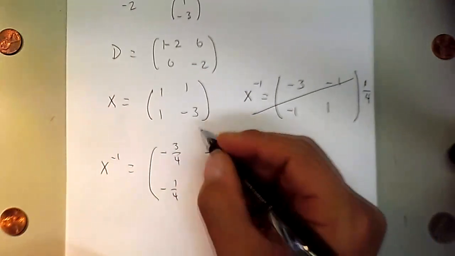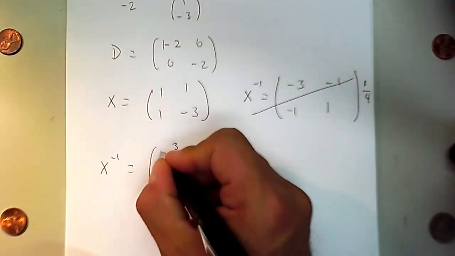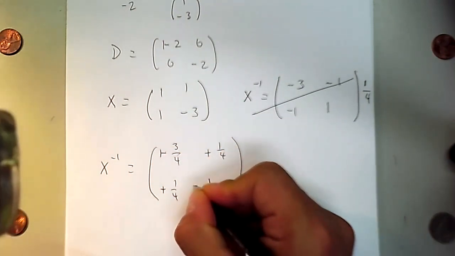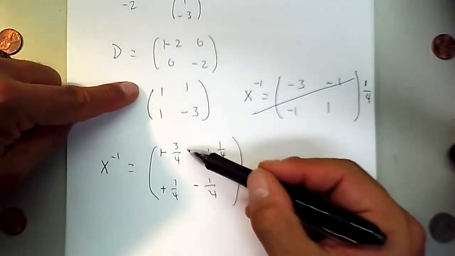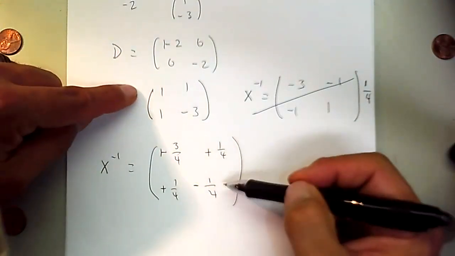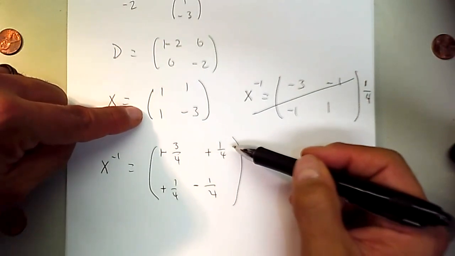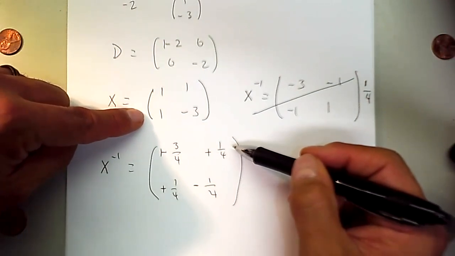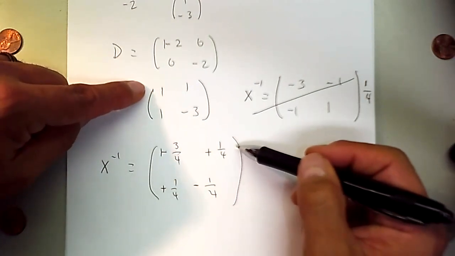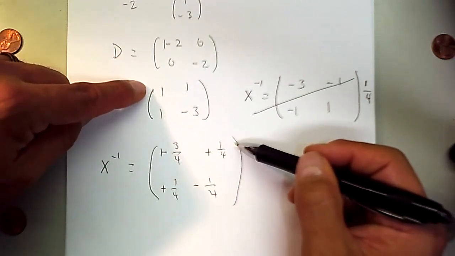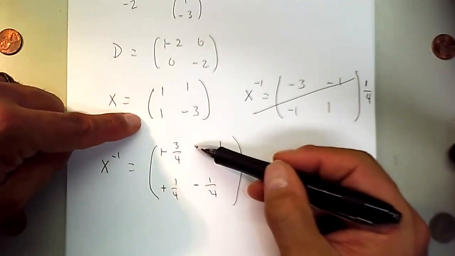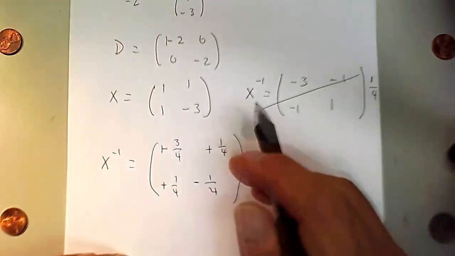So it looks like we need to multiply by -1, and then we will be okay. Boy, it's a good thing that I was checking. And let's check one more time. 3/4 plus 1/4 is 1. The other diagonal element, 1/4 plus 3/4 is 1. And then double check this product, 1/4 minus 1/4 is 0. And then 3/4 minus 3/4. Yeah, so this is the inverse.